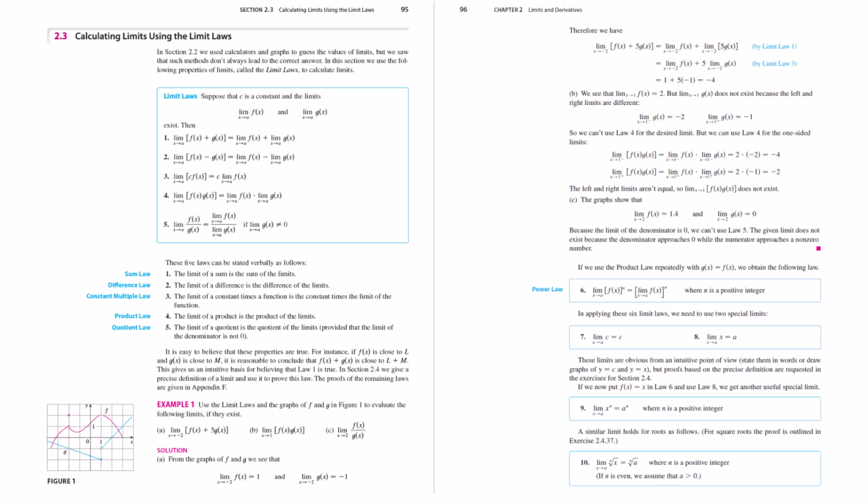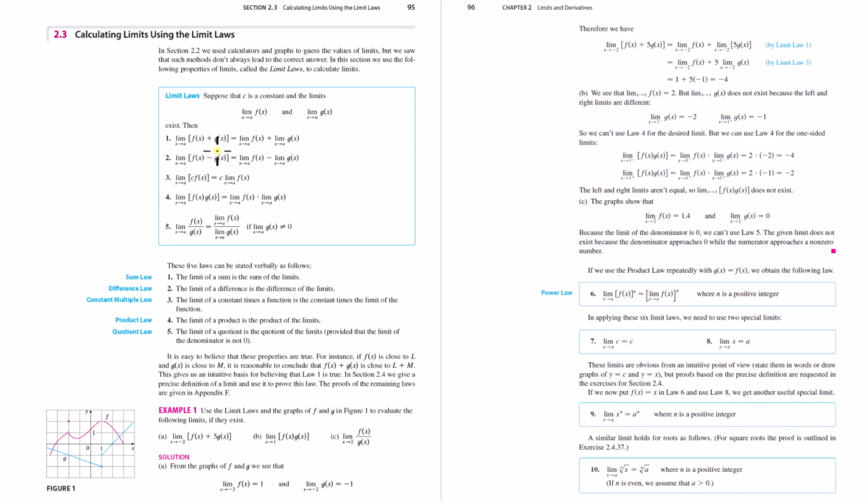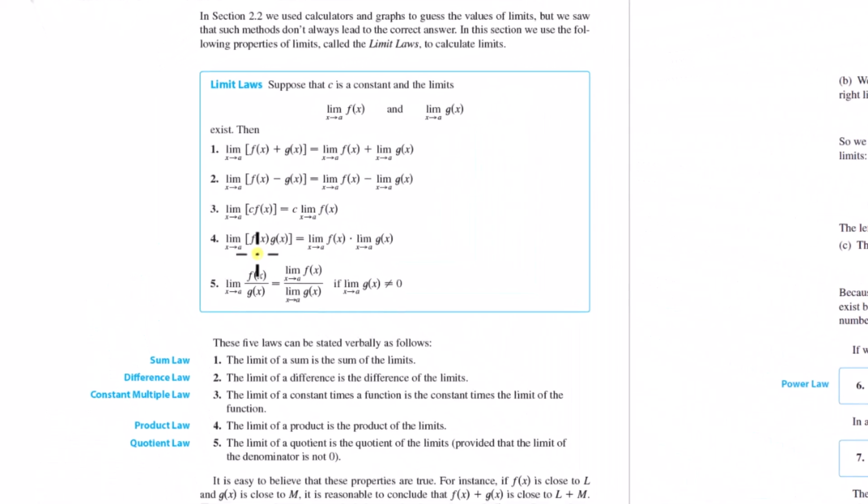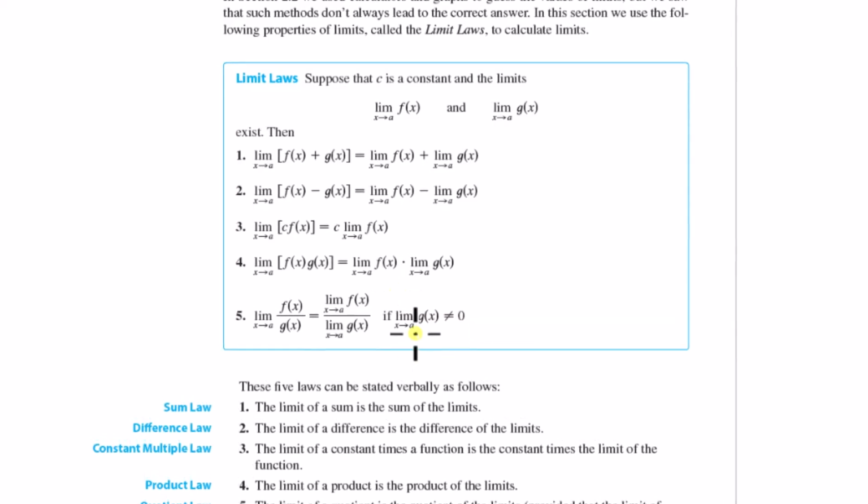Remember, all of these laws we talked about only apply if the corresponding limits exist. You can't apply these sum rules or this product rule unless all of the corresponding limits exist.